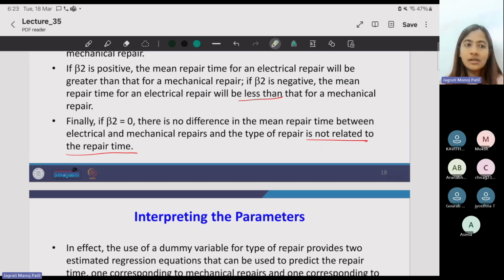How do we add a variable? How do we interpret it? How do we see the difference of the effects between them? And if the difference is higher or lower, how do we interpret our results accordingly?